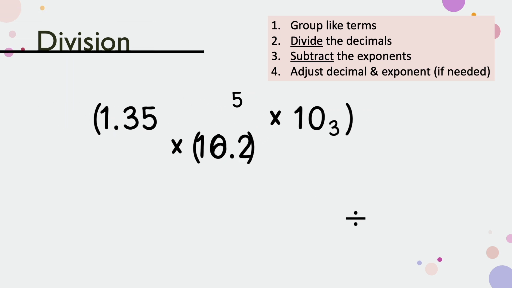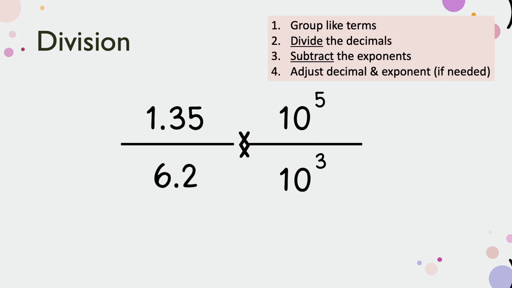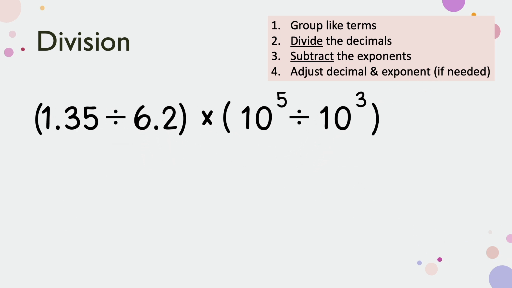When you have the first term in scientific notation in the numerator of your fraction and the second term that you're dividing by in the denominator of the fraction, it might help you visualize how to group these terms together. You can split this fraction into 2 fractions. As you can see, the problem rearranges to a problem where the first decimal divides the second decimal term, and that's multiplied by the first exponent term divided by the second exponent term.